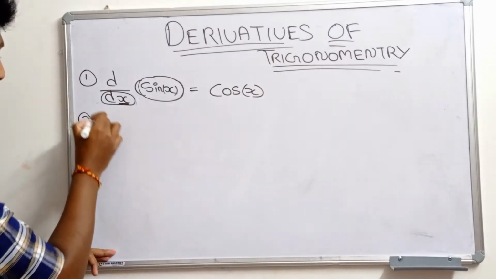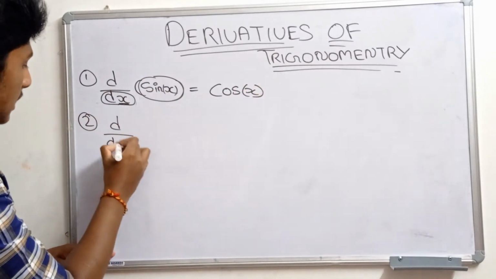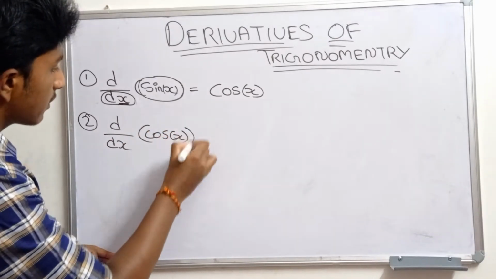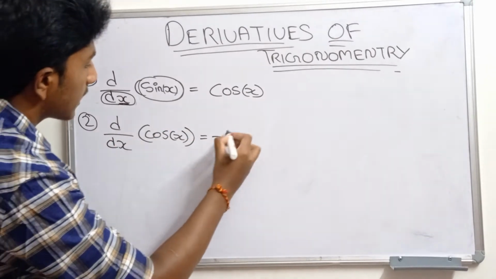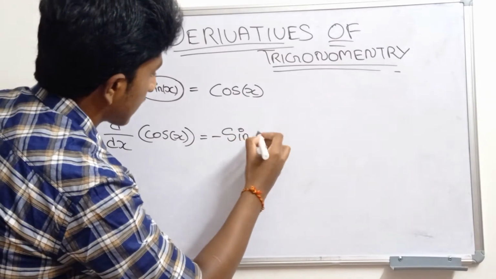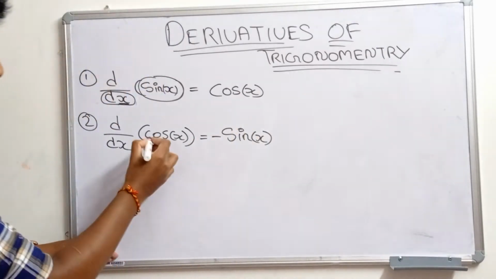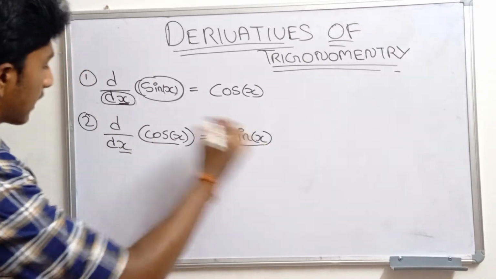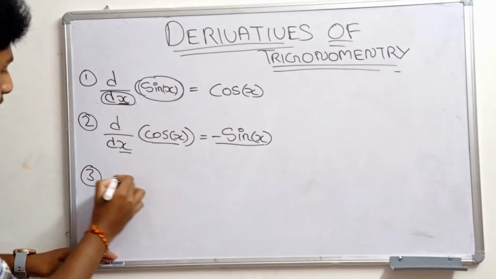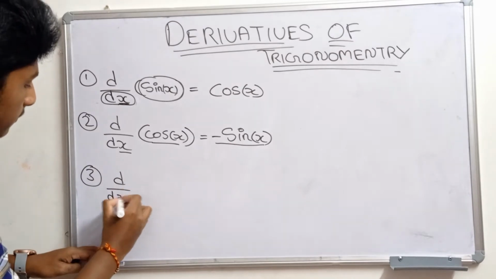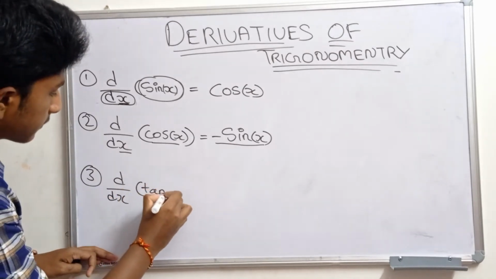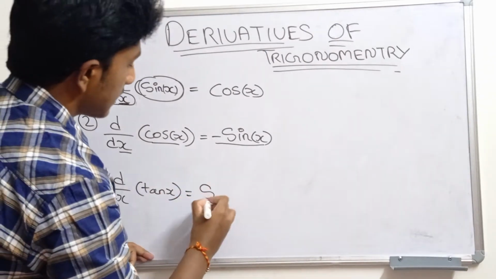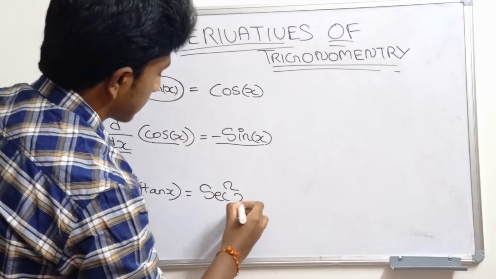The second formula is d by dx of cos x, and when you differentiate cos x with respect to x, you will get minus sin x. The third formula is d by dx of tan x, which is secant square x.